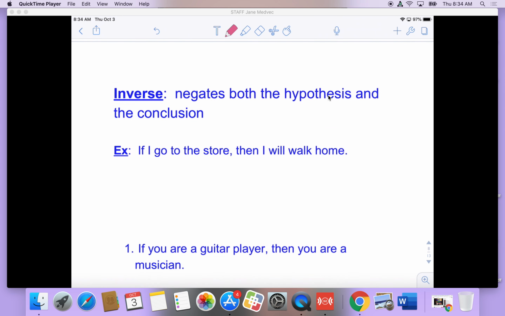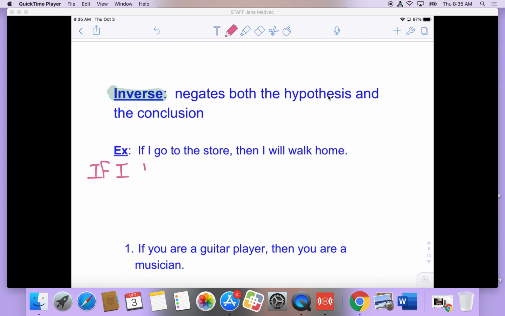All right. Inverse. Inverse negates both the hypothesis and the conclusion. And you're like, huh? We'll do a couple together. So if I go to the store, then I will walk home. So if I do not, or don't, right?